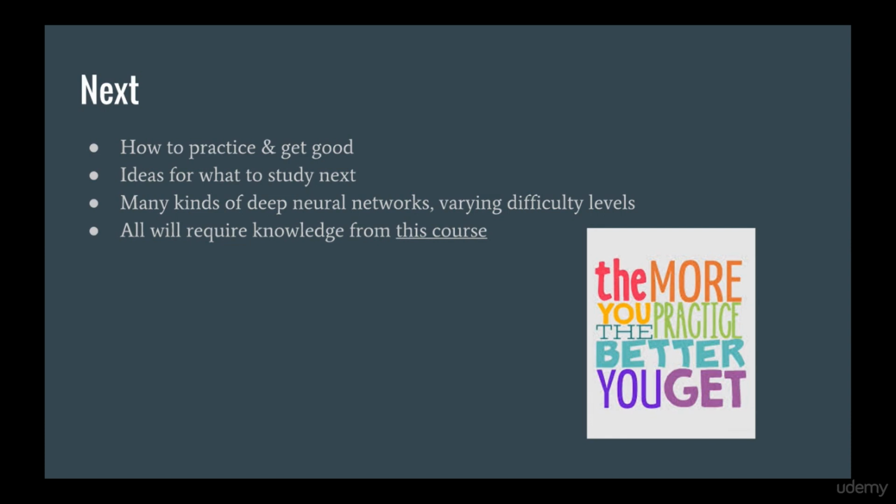After that, we go through some miscellaneous stuff, like how to get more practice with deep learning, how to make sure you really understand everything in this course, and so on. It'll also give you some ideas for what to study next in deep learning. Deep learning is a huge field. There are tons of different kinds of neural networks, and they are all at varying difficulty levels. So these lectures should give you some idea of what's out there and how you can apply the things you learned in this course.